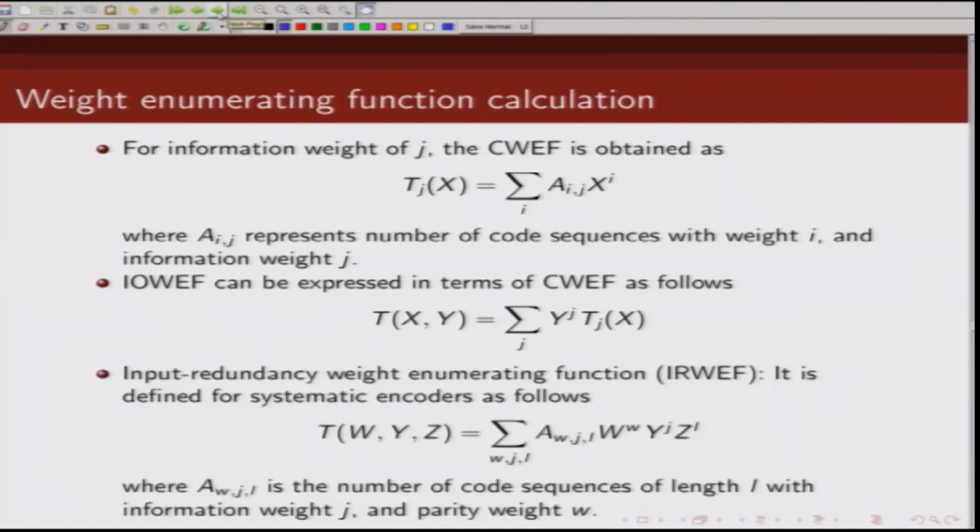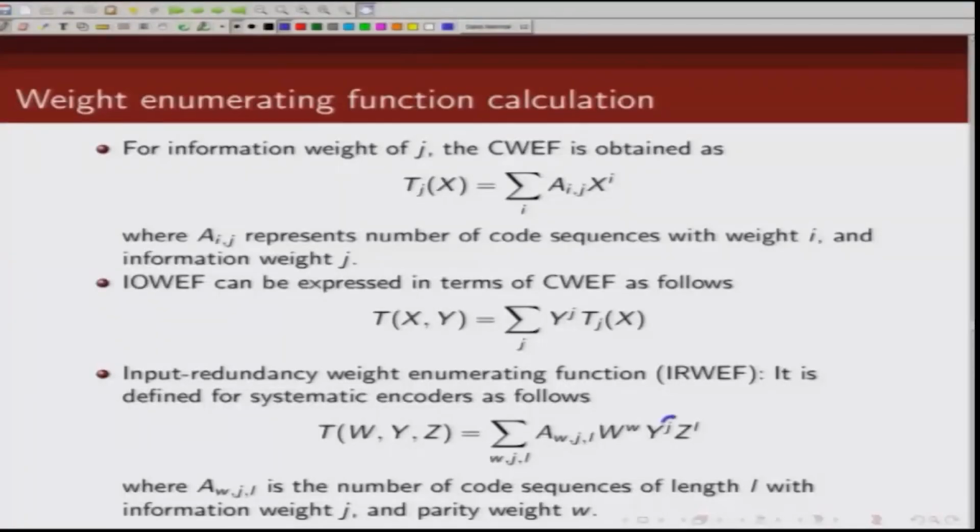This is another property which is defined for systematic encoders, which is called the input redundancy weight enumerating function. Here, the output weight of a systematic encoder consists of the weight of the information bits and the weight of the parity bits. Since the power of y already denotes the weight of the information bits, when you are asked to show the output weight, instead of that you can just specify the weight of the parity bits, because it is a systematic encoder.